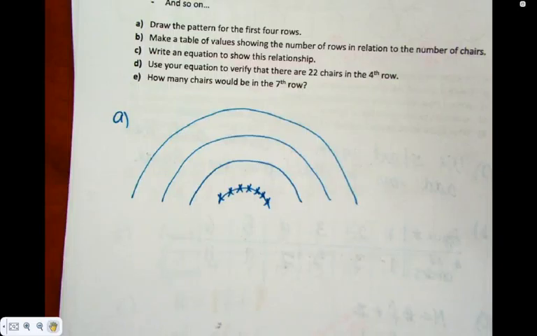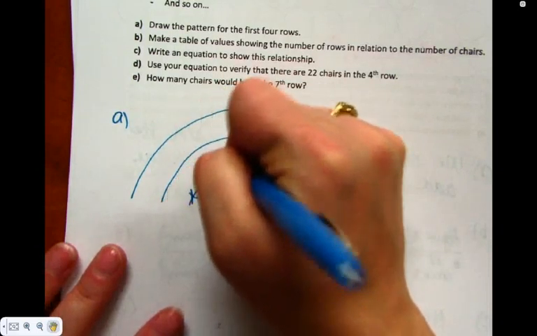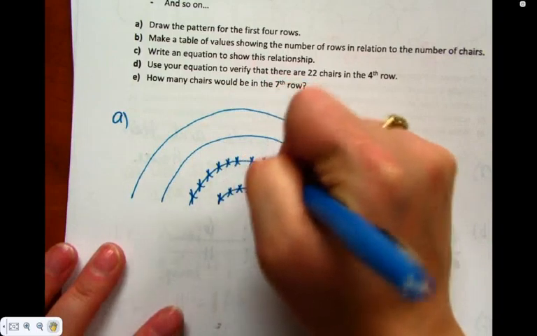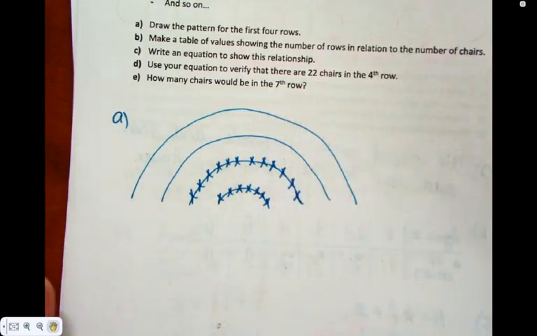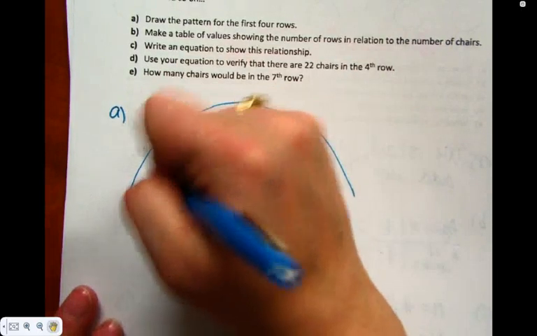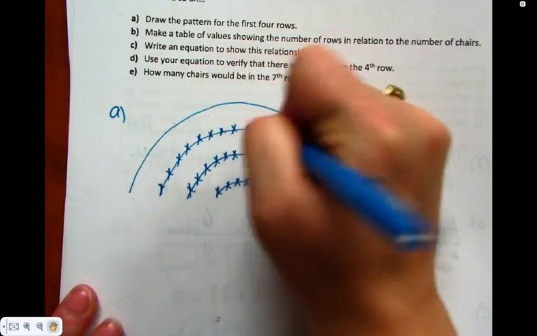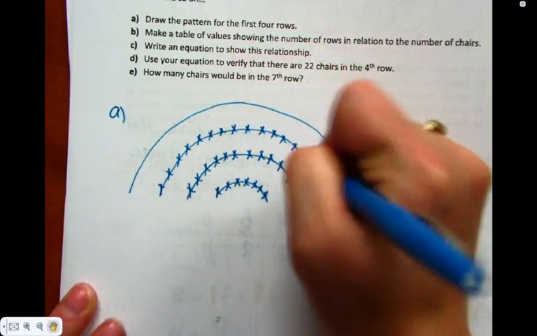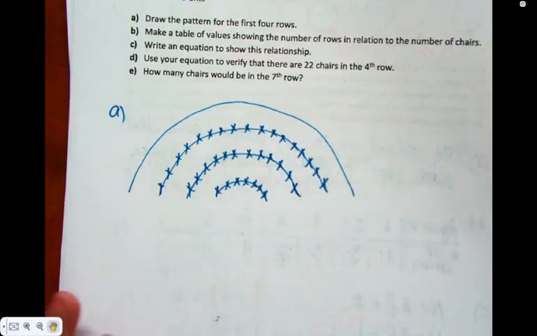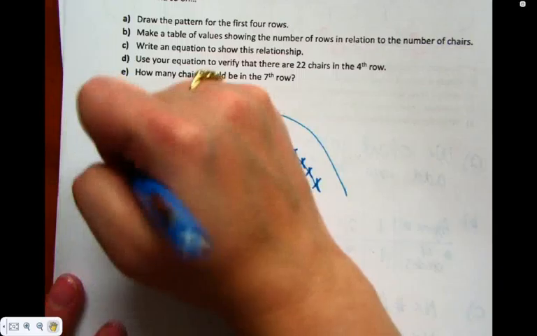How many are in the second row? 12. Third row? 17. And then 22.